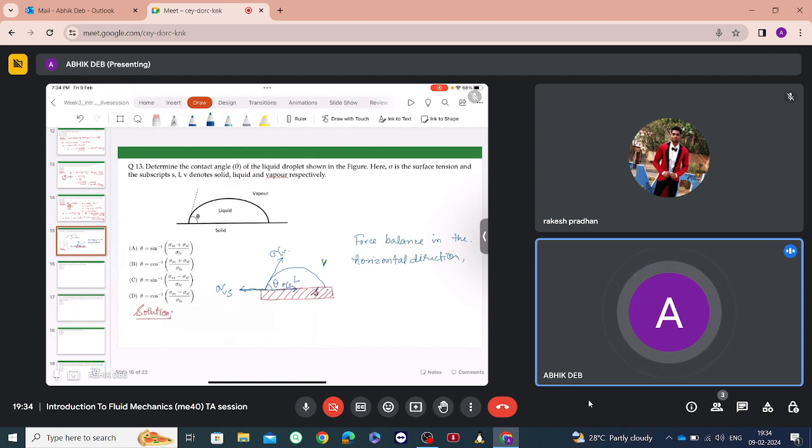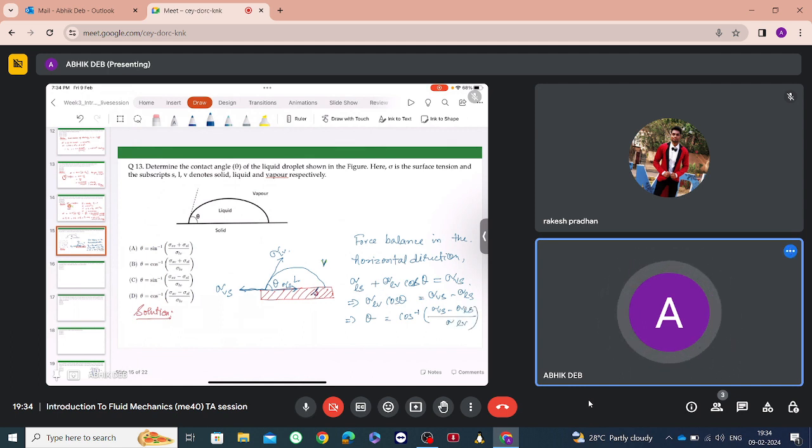We are taking the right hand side to be positive, so sigma ls plus sigma lv cos theta is equal to sigma vs. So sigma lv cos theta is equal to sigma vs minus sigma ls. Therefore theta will be cos inverse of (sigma vs minus sigma ls) by sigma lv.